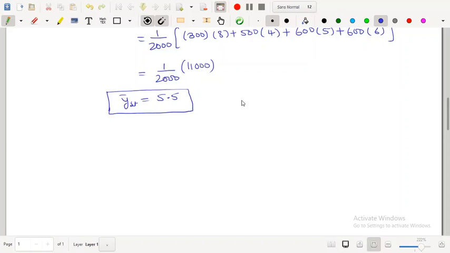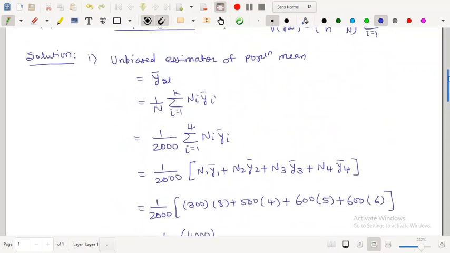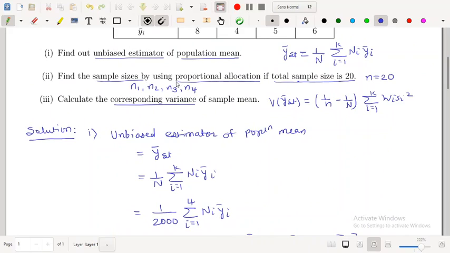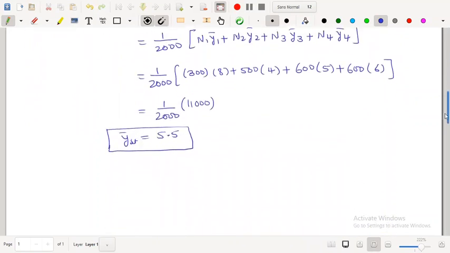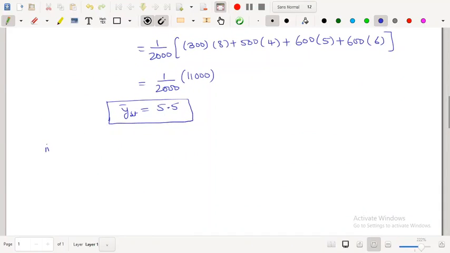Alright. Now the second one. Find the sample sizes by using proportional allocation if total sample size is 20. We want to find sample sizes n1, n2, n3, n4 under proportional allocation. And we know that under proportional allocation, the formula for ni is small n by capital N into Ni.